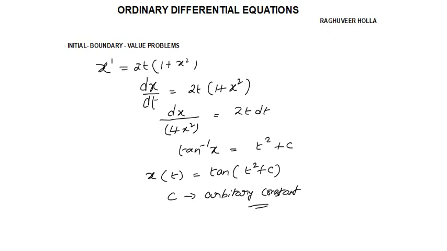For example, we may obtain a solution which satisfies a requirement like x of 0 is equal to 0, which means determining a solution which passes through the point 0 comma 0.